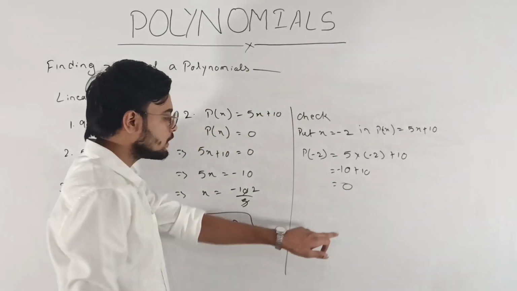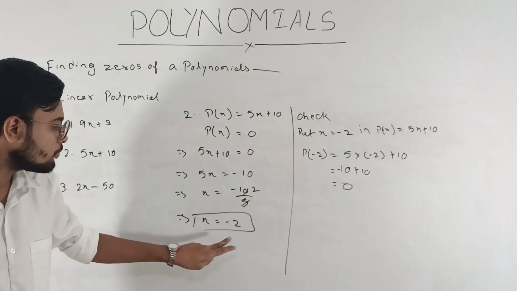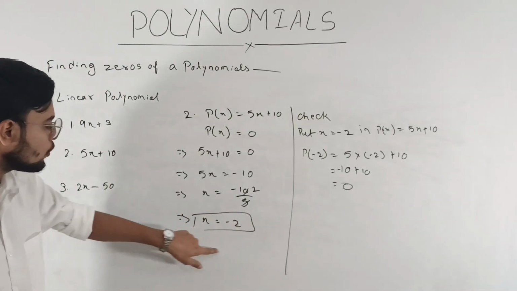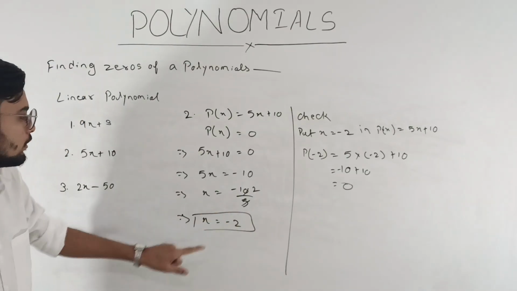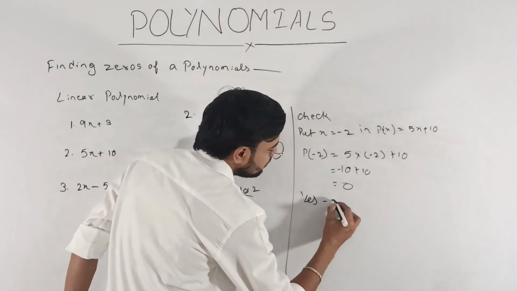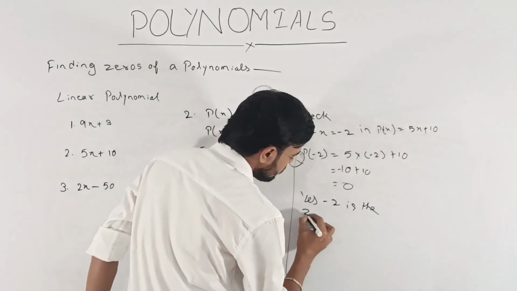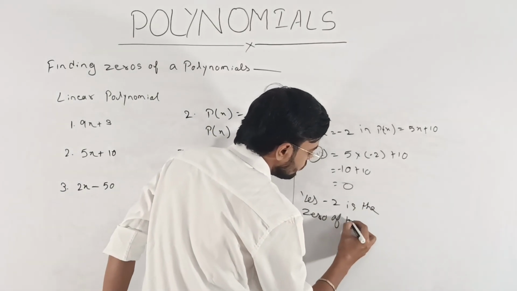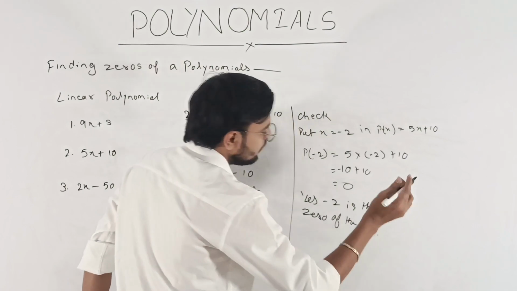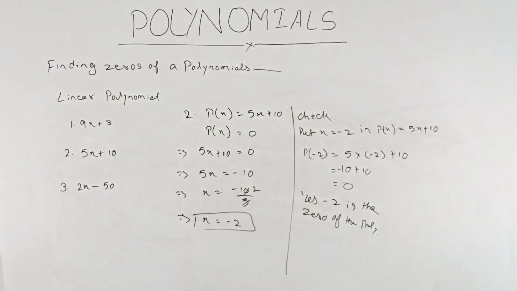Now look, this polynomial becomes 0 after putting x equal to minus 2. Therefore, yes, minus 2 is the zero of the polynomial. Okay, understood?